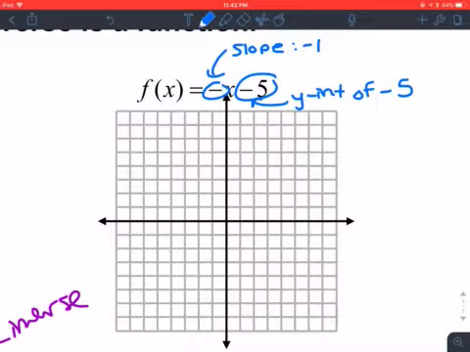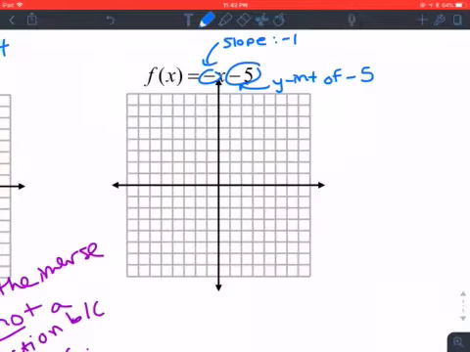Either way, you'll get the same graph. So, starting at -5, and then we have a slope of -1. So you can think of it as down 1 over 1. And here's our linear function.